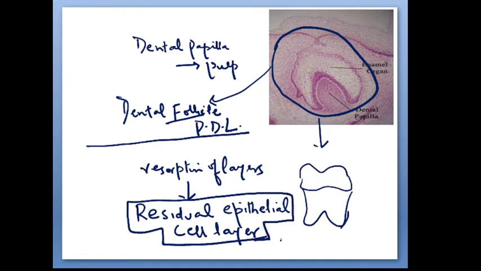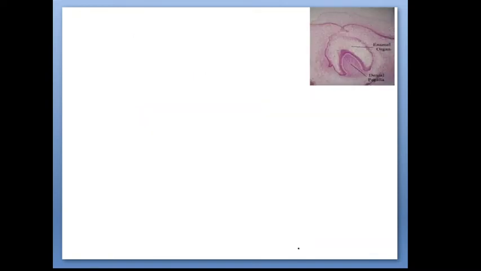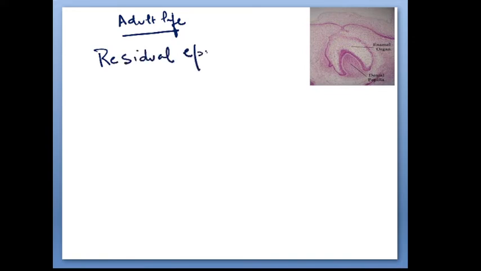And there are rests of Malassez, seen in the future periodontal ligament region. Now, during adult life, in our body surrounding these teeth, we have the residual epithelial cell layer.